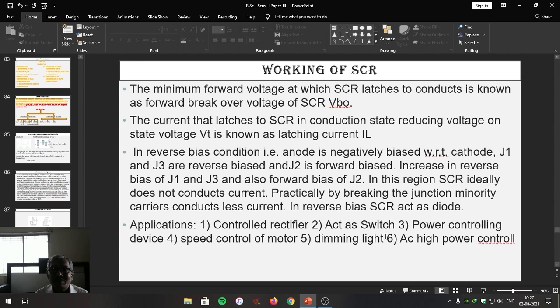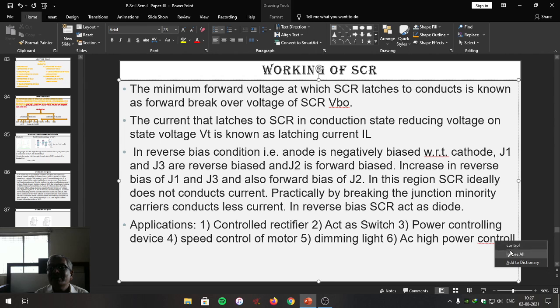Light dimmer means to reduce the intensity of light as per our requirement. So that is called light dimmer circuitry. Next, it is used in AC high power control. Friends, these are the applications where SCR can be used.